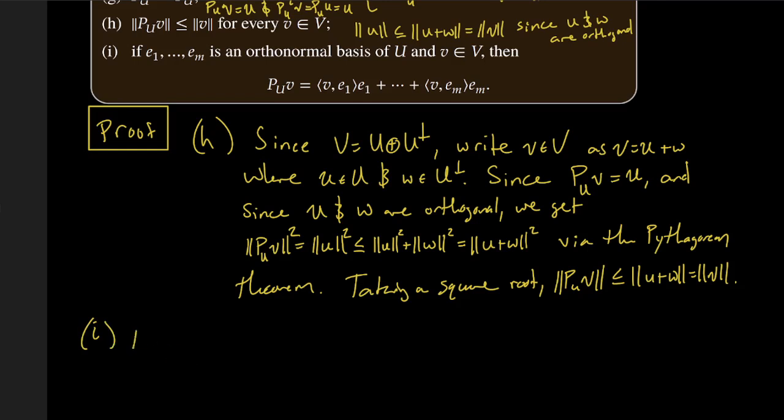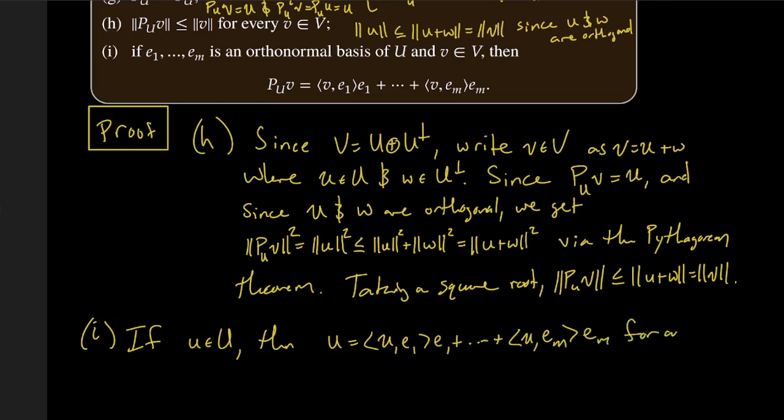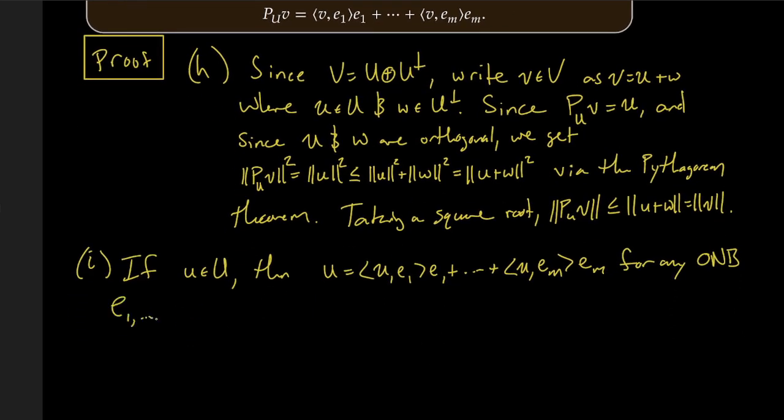So if u is in U, then u is equal to the inner product of u with e1 scaling e1, plus dot dot dot all the way down through the inner product of u with em scaling em, for any orthonormal basis e1 through em of U, by a previous result. That is, we proved this last time in section 6B.